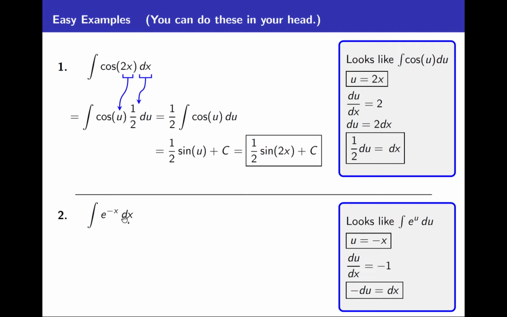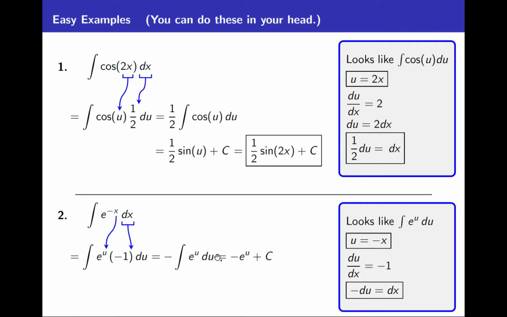So in this expression, the minus x is equal to u, and the dx is equal to minus du. And making those substitutions, this integral becomes the integral of e to the u times minus 1 du, which is minus e to the u du.